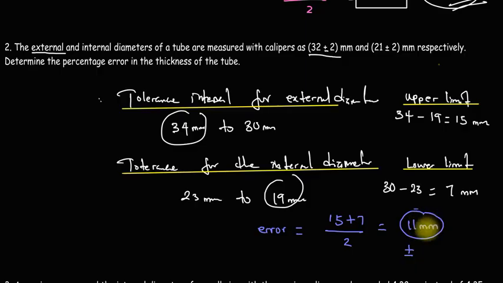When you subtract 4 millimeters, you get 7 millimeters, and when you add 4 millimeters, you get 15 millimeters. So our error for this case is plus or minus 4 millimeters.